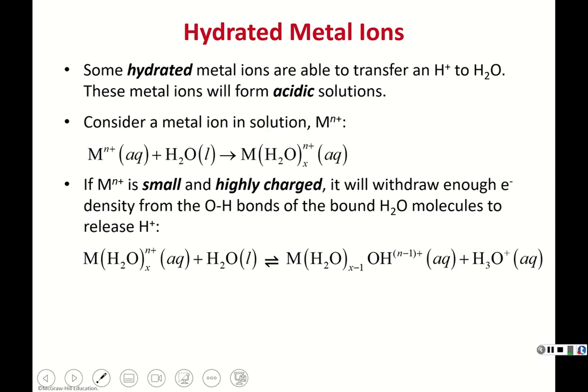Water will coordinate it. And if the metal is small and highly charged enough, it will draw enough electron density away from the OH bonds in those water molecules to have one of them release a proton.